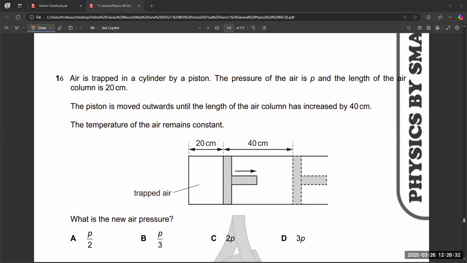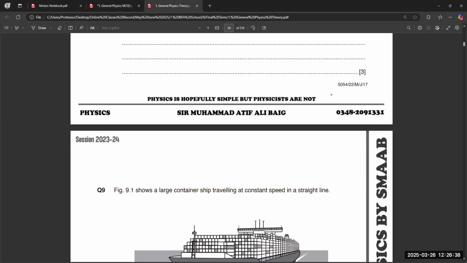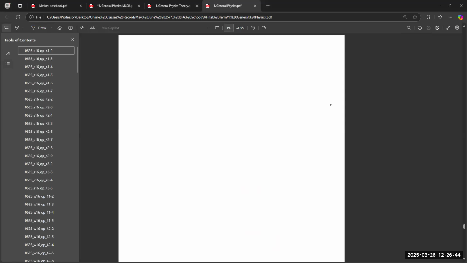We will discuss Boyle's law also, but right now the important thing is to practice the atmospheric pressure concept and pressure in liquid plus pressure in solids.